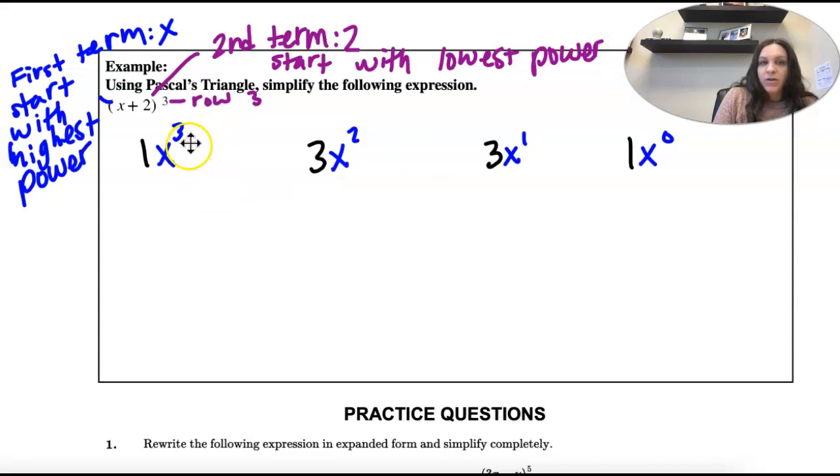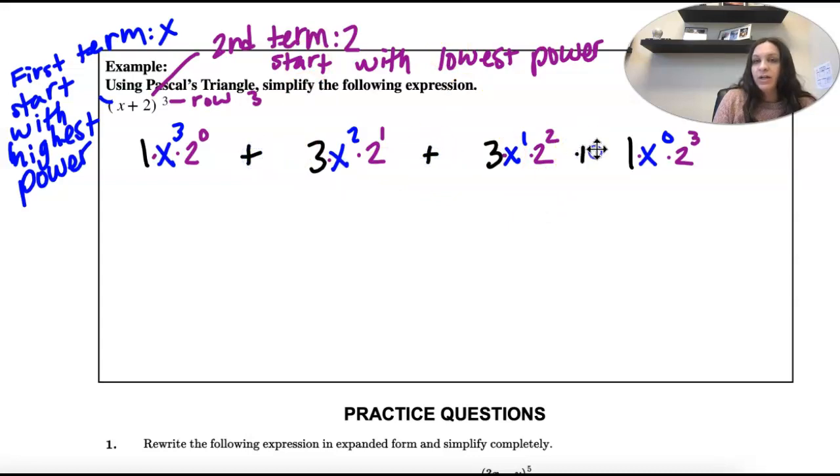So we're going to put 2 on all of these. And remember, all of these are multiplying. Our lowest power is 0, and we go all the way up: 0, 1, 2, 3. So plus, plus, plus. Now we simplify.